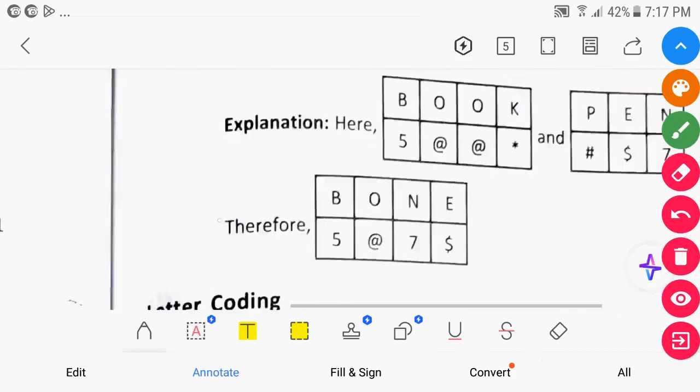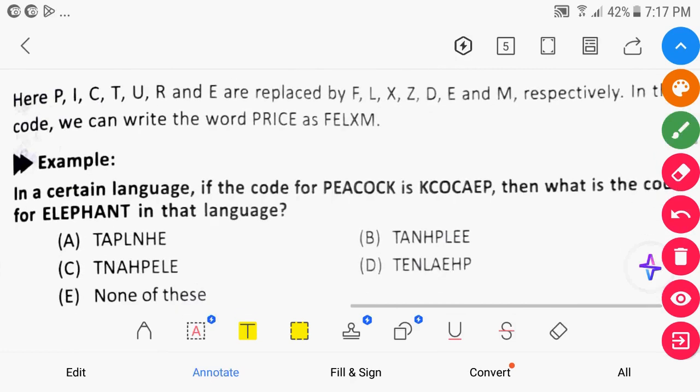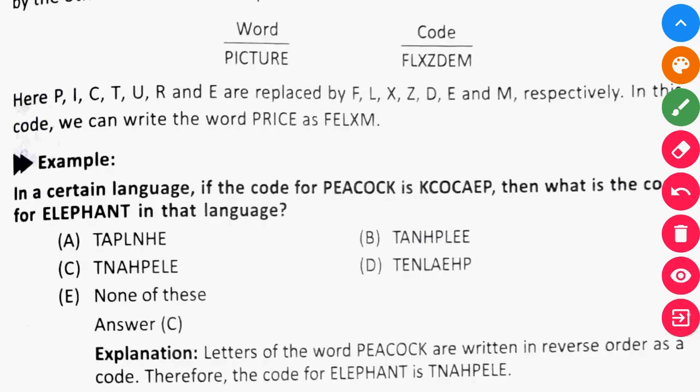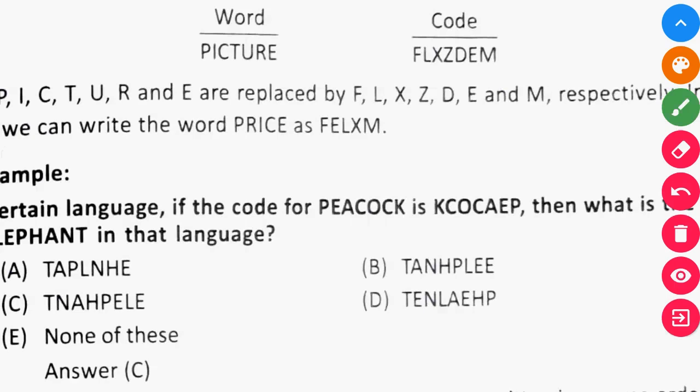Now the next example we'll see. Peacock in a certain language is coded as KCOCAEP, and elephant is asked. If you look carefully, the letters used in the spelling of peacock are used in the reverse sequence in the code language.